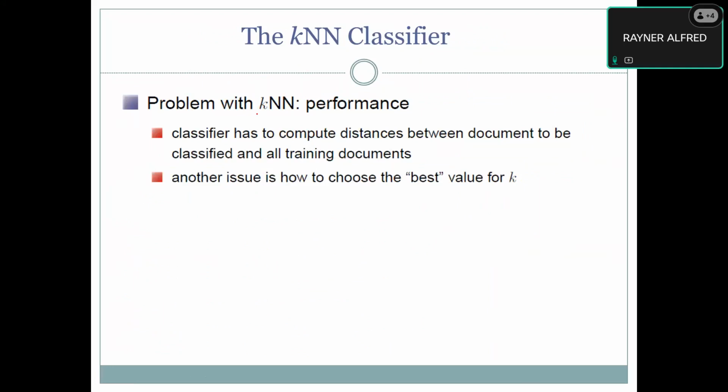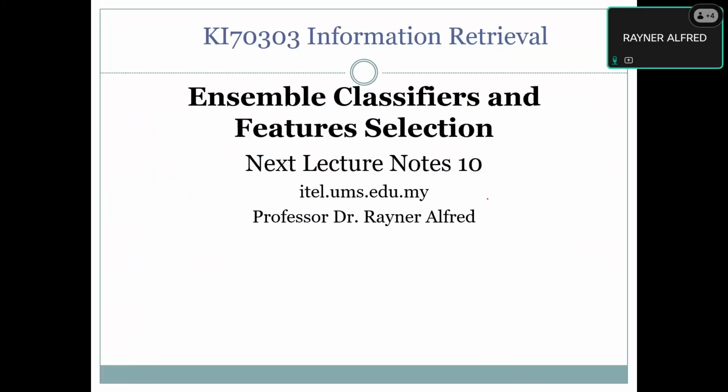That is high computation. At the same time, we also want to determine the best value of K, 1NN or 2NN. So we need to try at least up to 6NN. That's it.